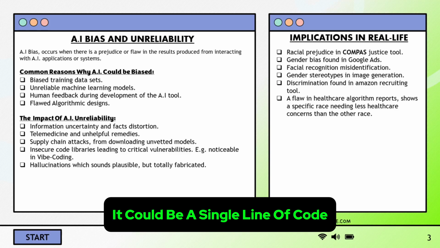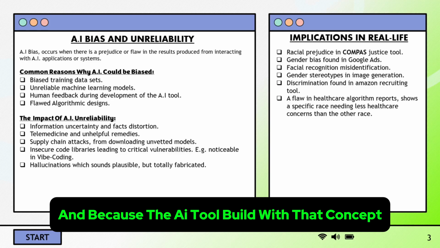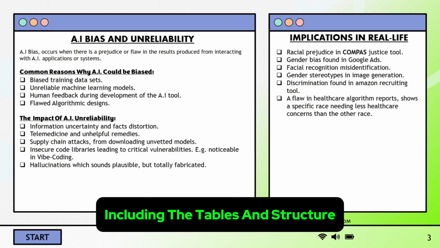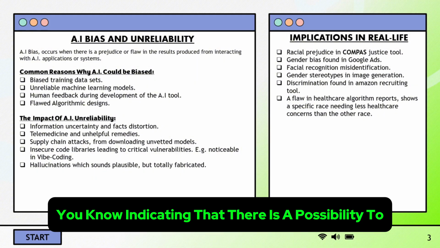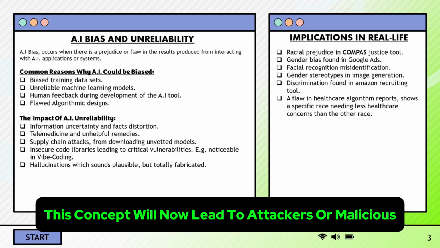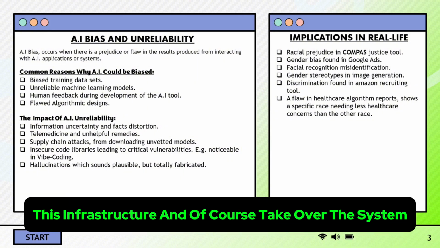So it could be a single line of code where you inject one, and because the AI tool was built with that concept, it could release information about the database, including the tables and structure, indicating that there is a possibility to attain SQL injection. So this concept will now lead attackers or malicious persons to further exploit this infrastructure and, of course, take over the system.